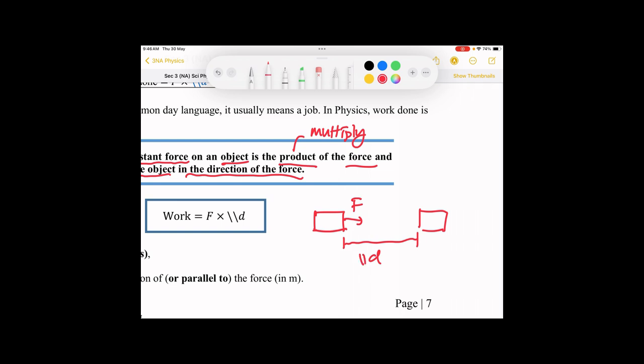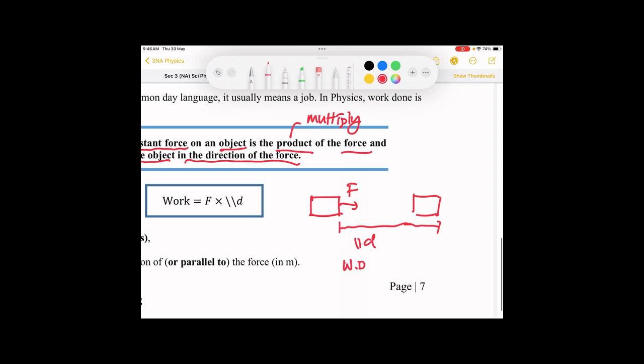So parallel distance. Assuming the force remains the same and is applied on the object throughout the distance d, the work done is the force multiplied by the parallel distance.